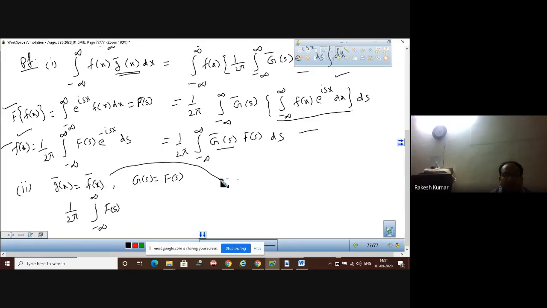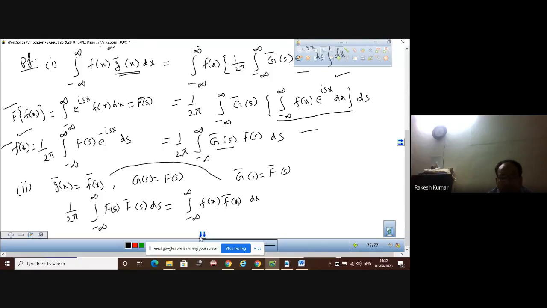In that case, g bar s will be the same as f bar s. It is the Fourier transform, so we can write here f bar s ds. And on the right hand side also, minus infinity to infinity, f bar x and f of x together.